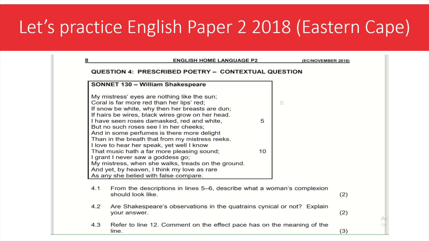My mistress's eyes are nothing like the sun. Coral is far more red than her lips red. If snow be white, why then her breasts are dun. If hairs be wires, black wires grow on her head. I have seen roses damasked red and white, but no such rose see I in her cheeks.